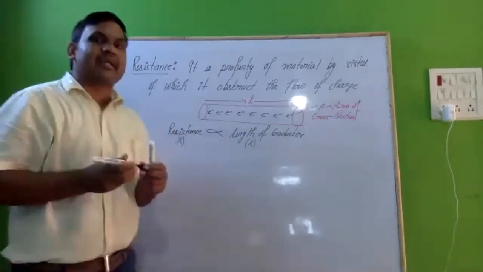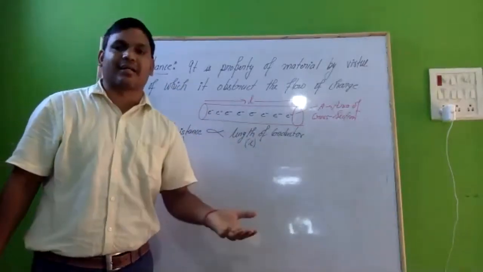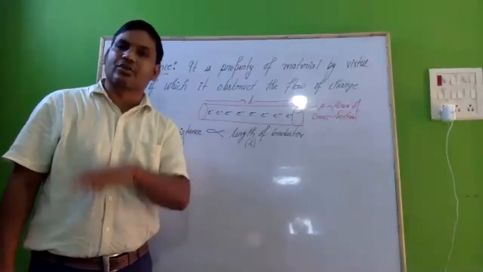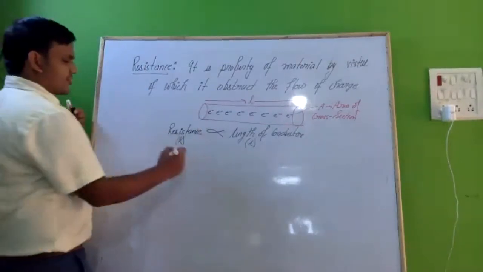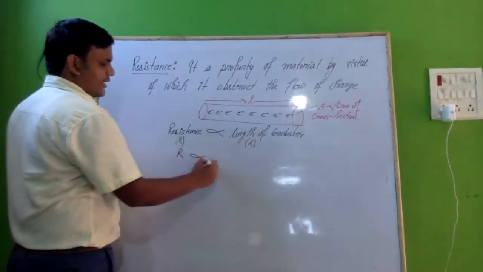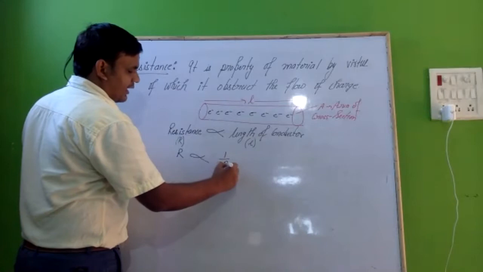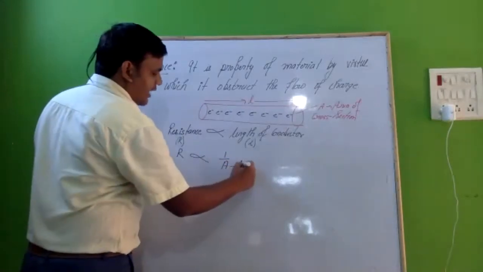Means as you increase the length of the conductor, the resistance is going to increase. Okay? And this resistance is inversely proportional to A, that is the area of cross section.